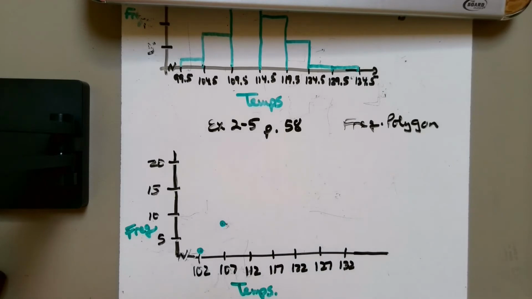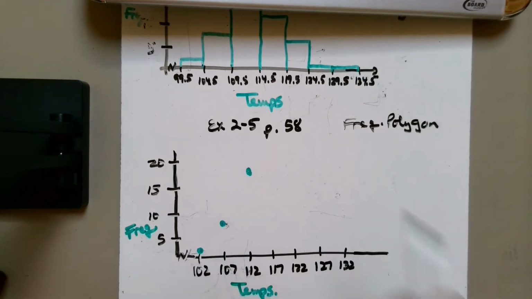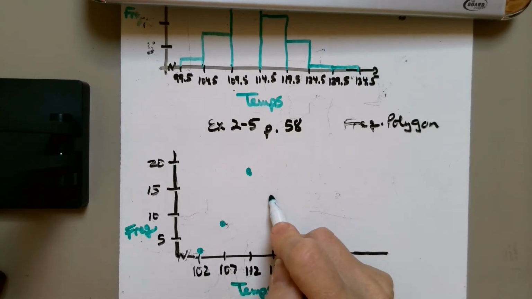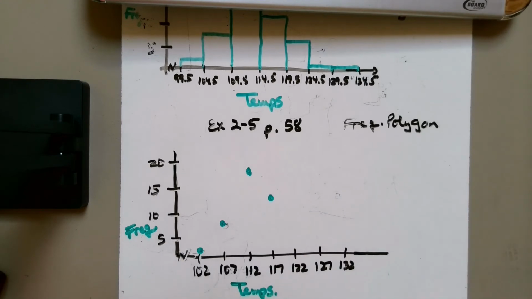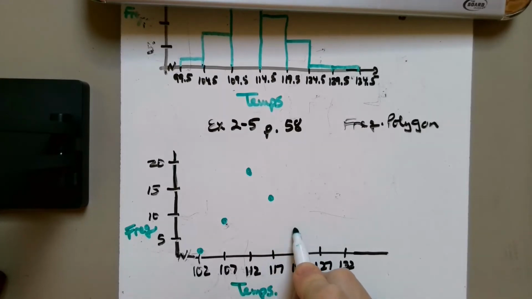The third class had a midpoint of 112, its frequency is 18, so that's the height of that dot. The fourth class had a midpoint of 117, and its frequency is 13, so that's the height of that dot. The next class had a midpoint of 122, its frequency was 7. Just a little bit higher than 5, and 7 is the height of that one.